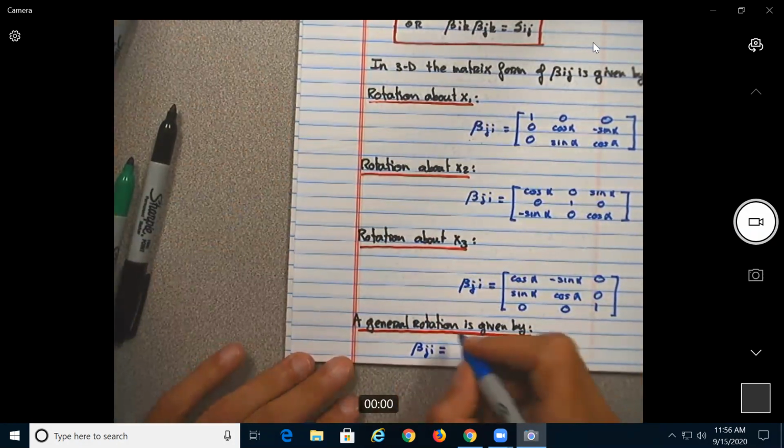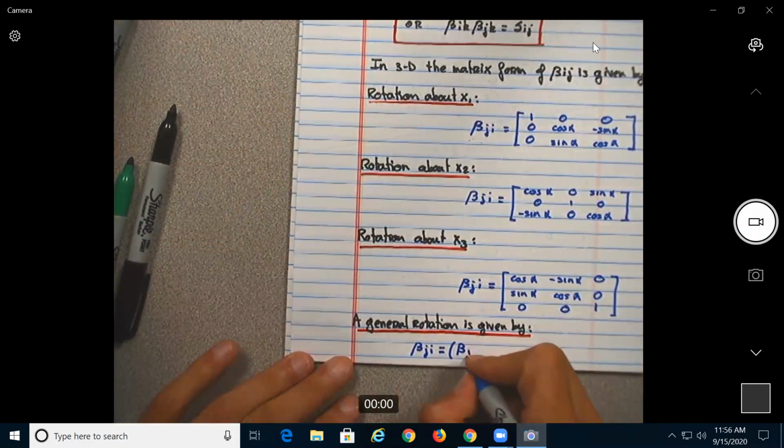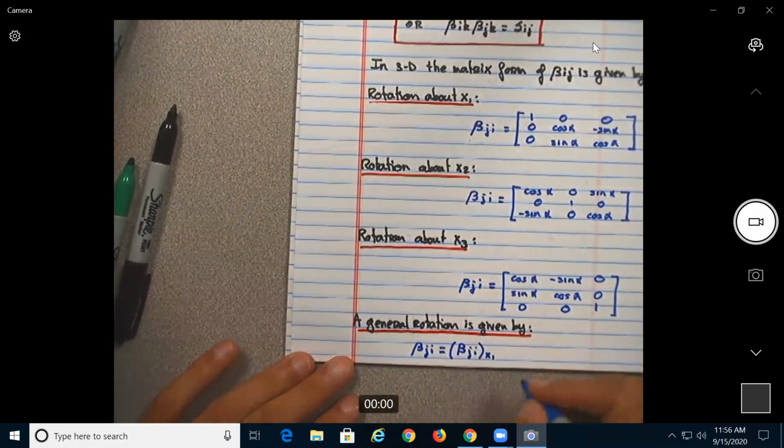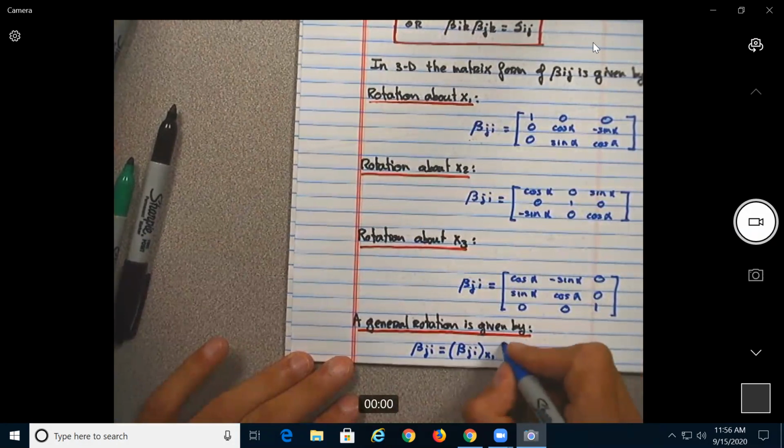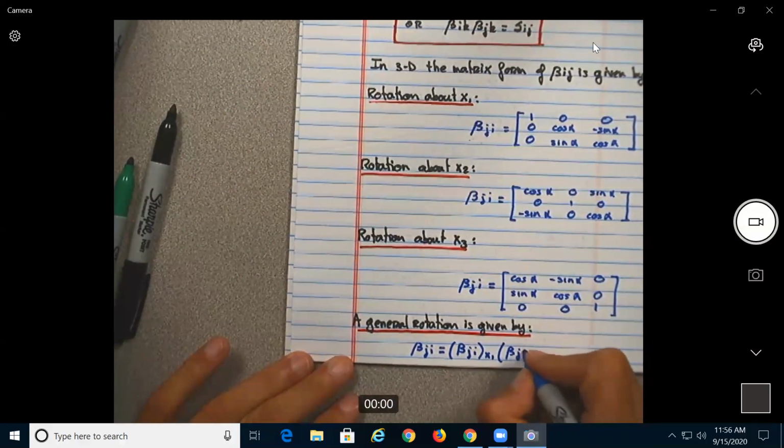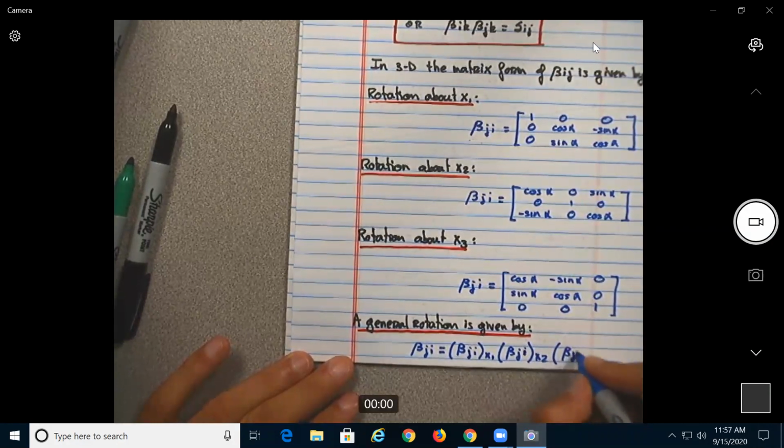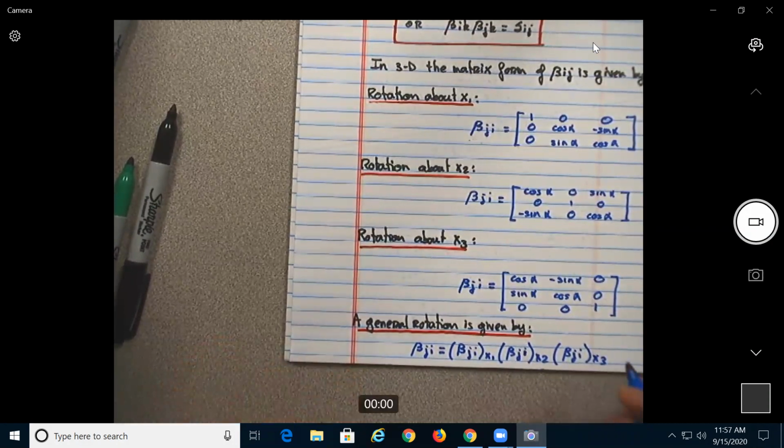So let's say you can first rotate about x1, then you can rotate about x2, and then you can rotate about x3 if you want. Okay?